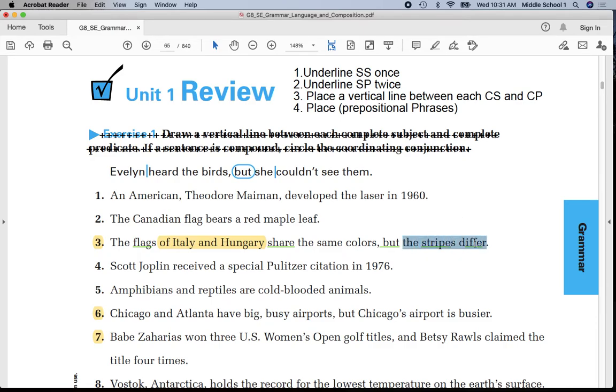This is an entire sentence. The stripes differ. The flags of Italy and Hungary share the same colors is its own sentence. That's why I place a vertical line between Hungary and share and in the second sentence, between stripes and differ.